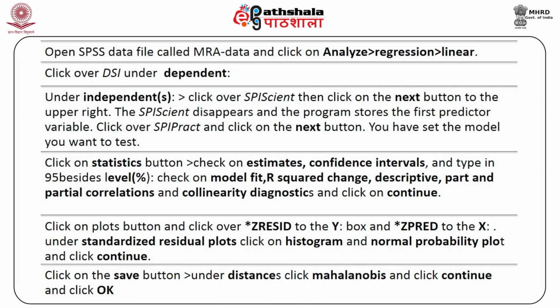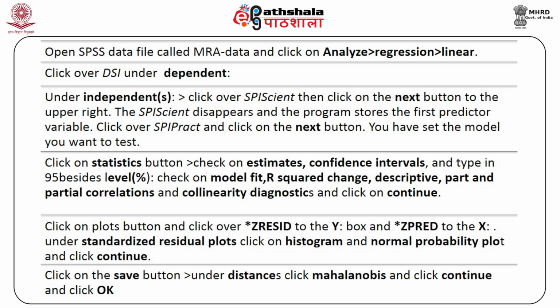The commands that can be given are: open the SPSS data file called MRA data and click on Analyze, go to Regression, then to Linear. Click over DSI, that is dissertation stress inventory scores, under Dependent.